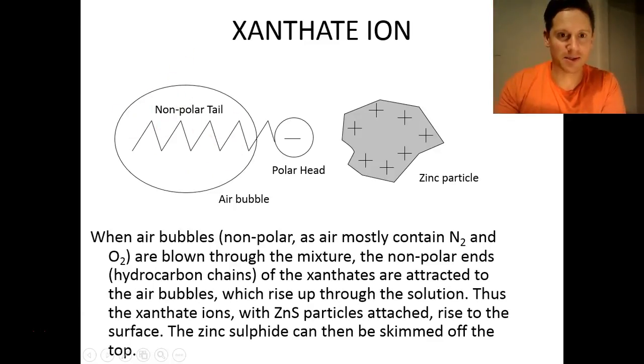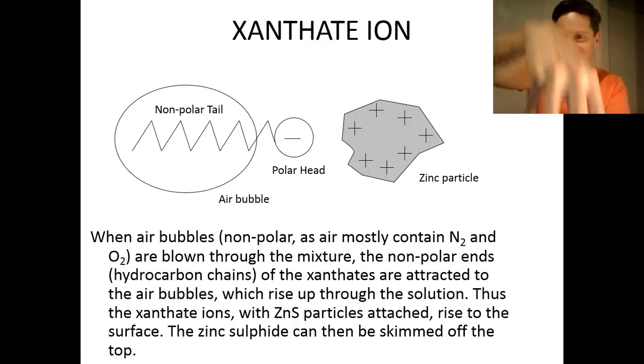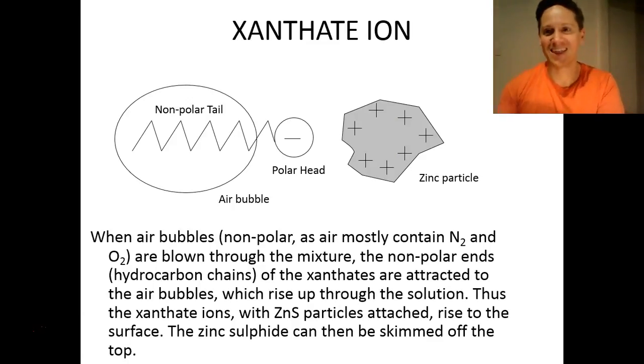So the bubble rises to the top along with this section, and the polar head attracts the zinc. So it's like those toy grabber machines that grab a toy coming up to the top, and then they rise all the way to the top, and then you've got all your zinc particles at the top. Now once your zinc's at the top, because that's what you want, we skim it off, okay?